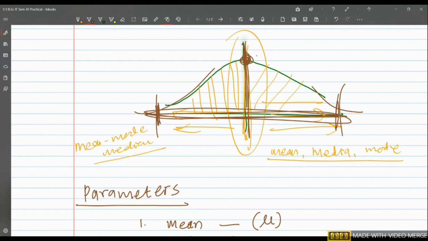So let's start with the functions of the R software or R Studio. In order to work with the normal distribution in R Studio, we should know about some basic inbuilt functions that are used for the normal distribution in R Studio.